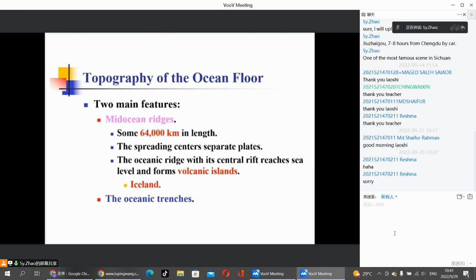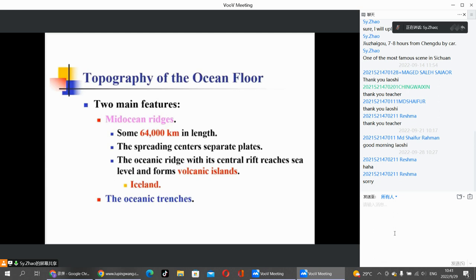And the following are the two main features of the topography of the ocean floor. The mid-ocean ridge I have introduced. They extend over 60,000 kilometers in length on the Earth, and the spreading centers, another name for which is the divergent margin, separate plates.